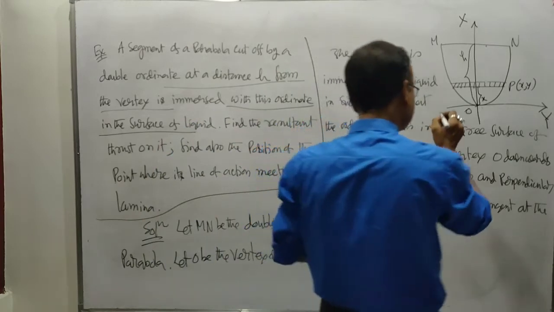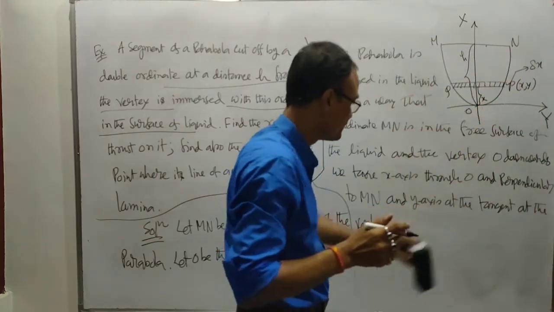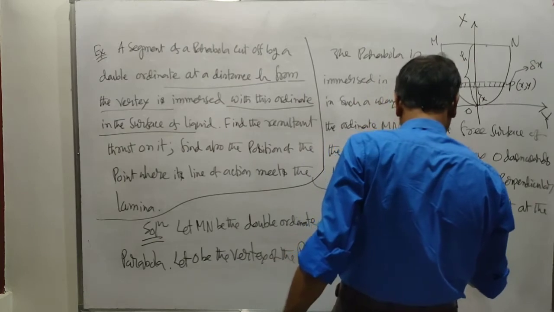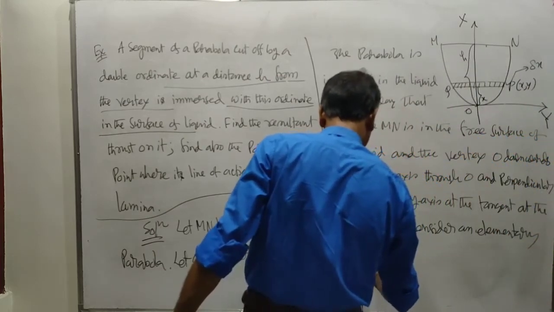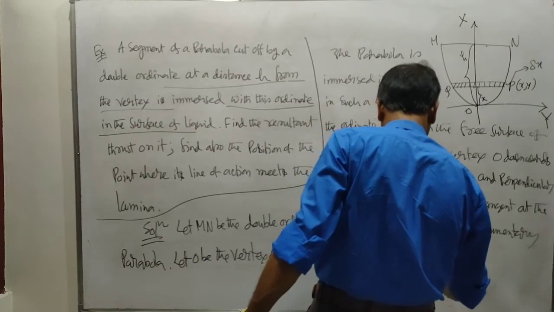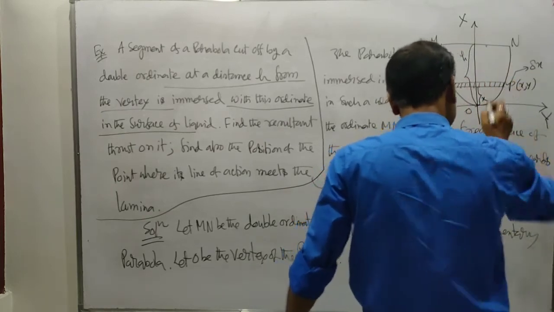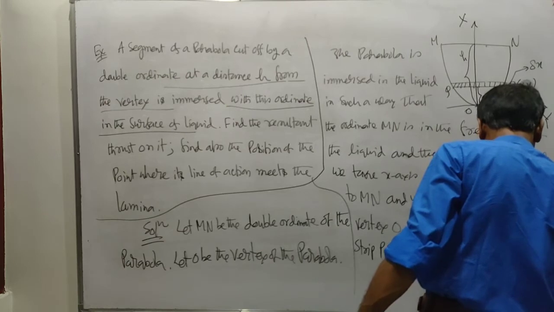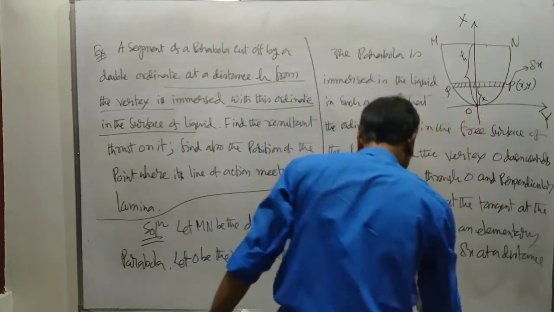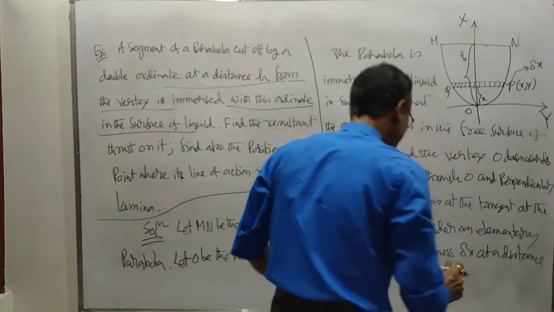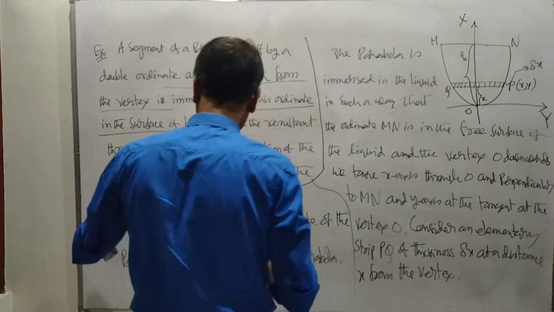Consider an elementary strip PQ of thickness or breadth delta x at the distance x from the vertex.